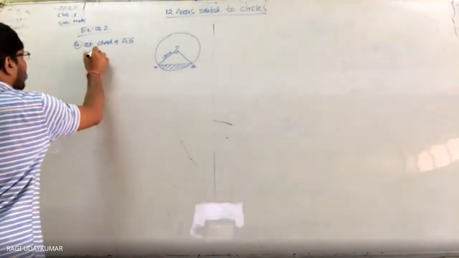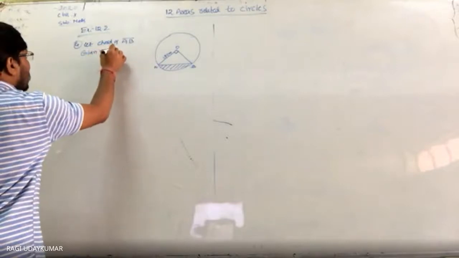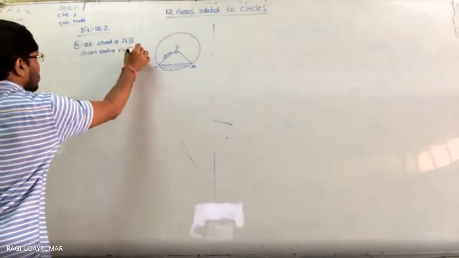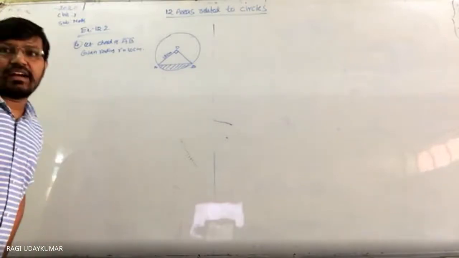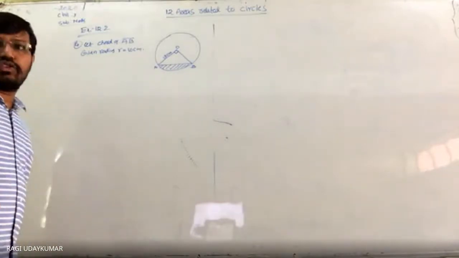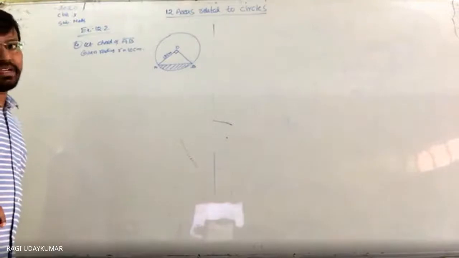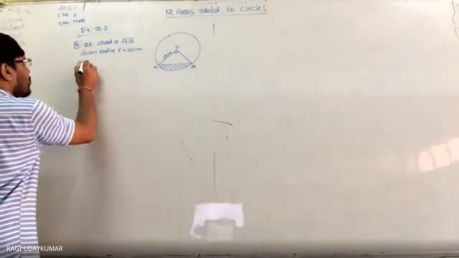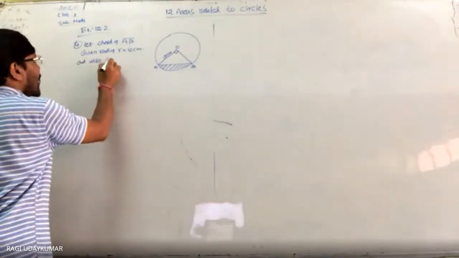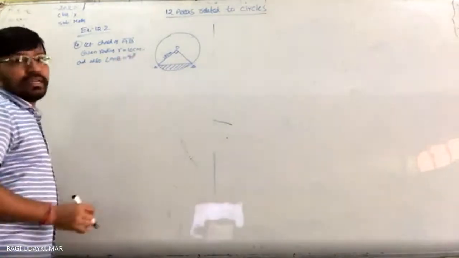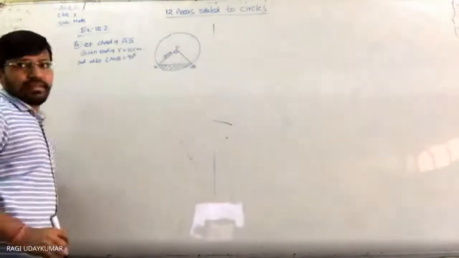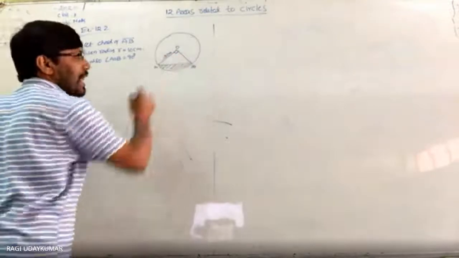Given radius R is equal to 10 centimeters. This is also a slightly different problem. Find the area of the corresponding segment. These two things are given, and it makes 90 degrees, so angle AOB is equal to 90 degrees. This chord makes an angle of 90 degrees.